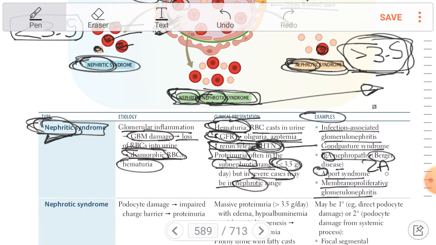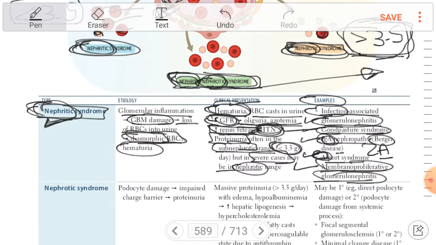So IgA nephropathy and Alport, and we have infection associated glomerulonephritis, Goodpasture syndrome, and membranoproliferative glomerulonephritis. So nephritic syndrome, there is what? Hematuria, hypertension, proteinuria, subnephrotic range less than 3.5 gram per day, and we have examples like infection associated glomerulonephritis, Goodpasture, IgA nephropathy, Alport syndrome, membranoproliferative glomerulonephritis.